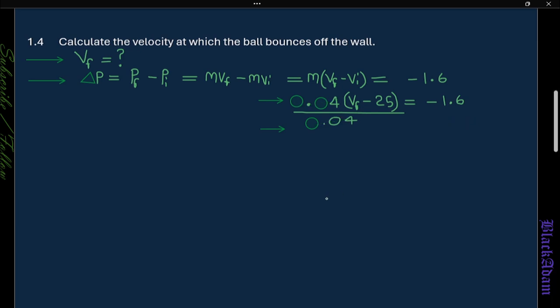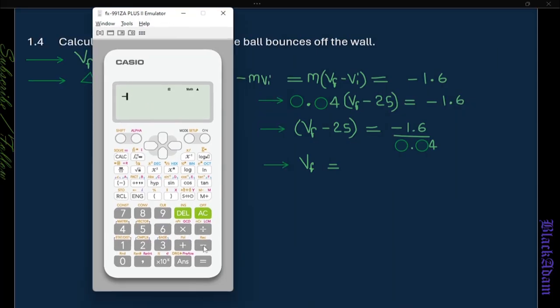We have final velocity minus 25 meters per second equals negative 1.6 divided by 0.04.